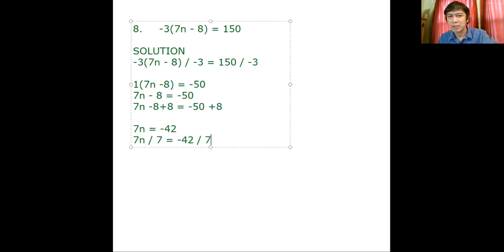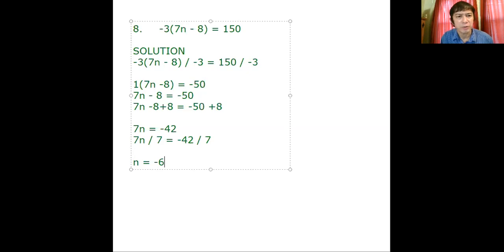So we still have that 7. At this point, we will now have 7n divided by 7, which is now just n. Remember, this number 7 cancels out with the 7, giving 1, and then 1 times n is simply n. Now, the right side numbers result to a negative 6. And that's it. The answer is negative 6.